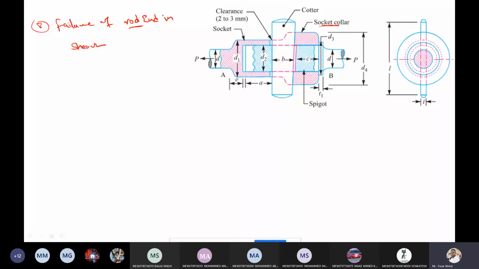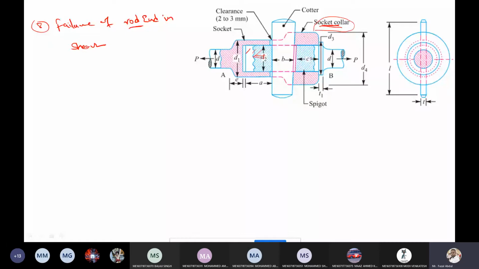The spigot. See this one. We designed the socket collar in shear just now. Now if its strength is more than this one, the spigot is going to overcome the failure. Now this one is the weakest one.